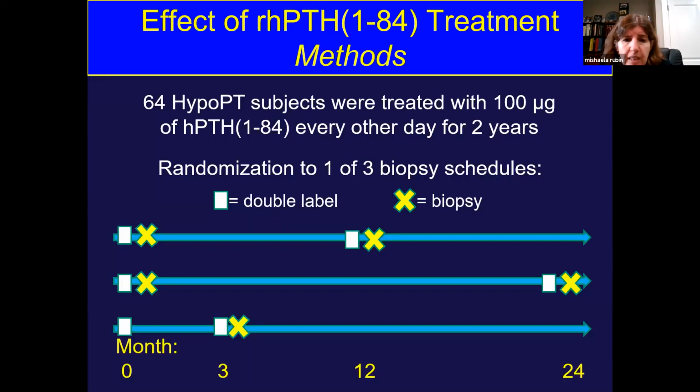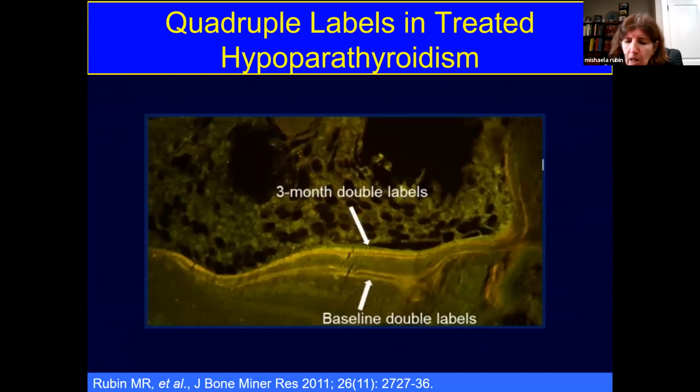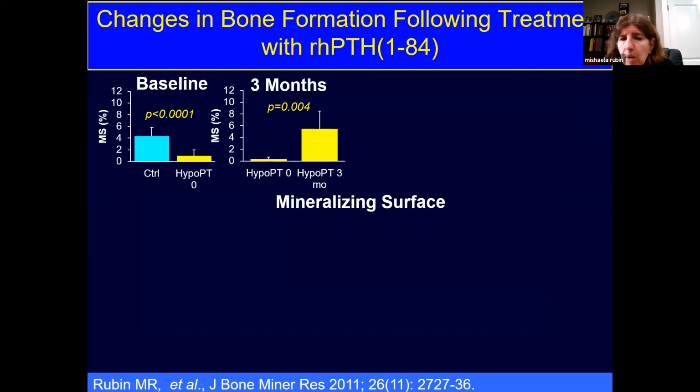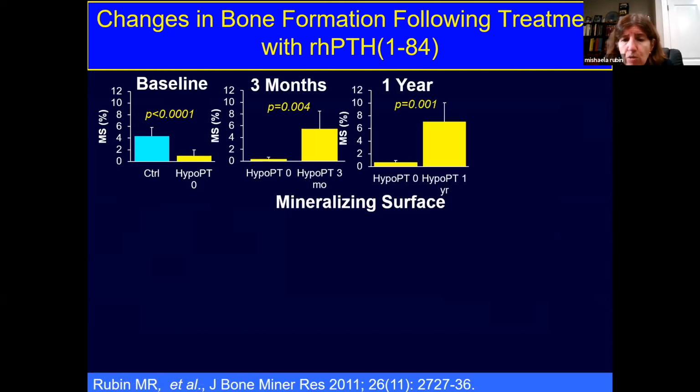And we saw this reflected in a special type of bone biopsy that we did, which is, even at 3 months, this bone biopsy captured changes very early on. We could see that the bone turnover already was picking up right away. This is how low the bone turnover was at baseline without PTH treatment. At 3 months, you could see it's dramatically increasing.